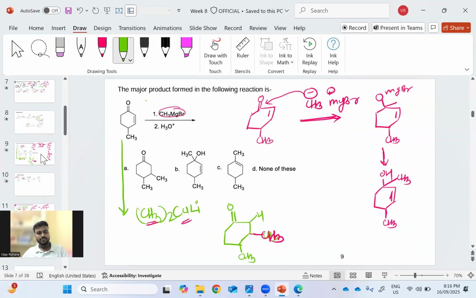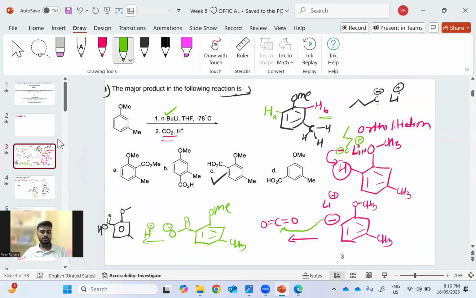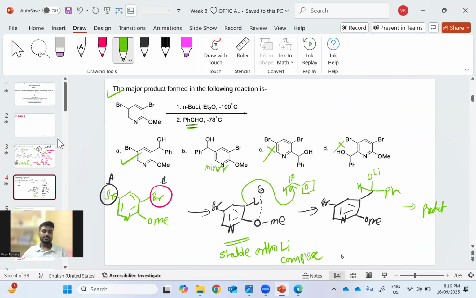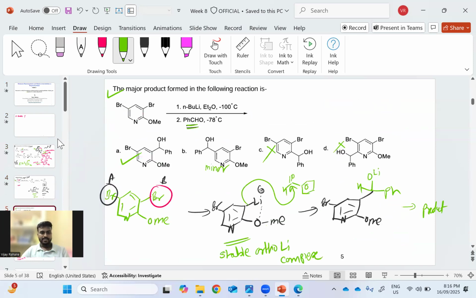So this is what we have seen today. We have seen some questions based on butyllithium and ortholithiation type of reaction on aromatic systems. There were some problems based on the selectivity at two different positions. Again, we have seen the stabilization, how the stable ortho-lithiated complex leads to the formation of the major product.